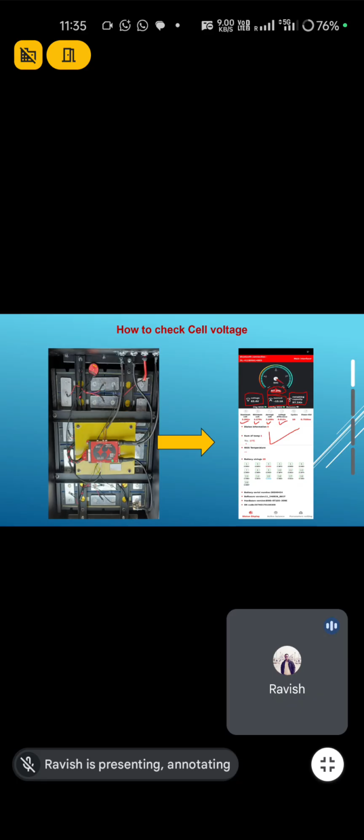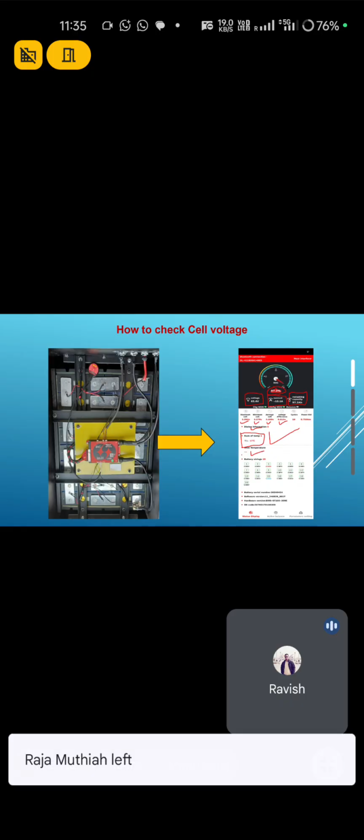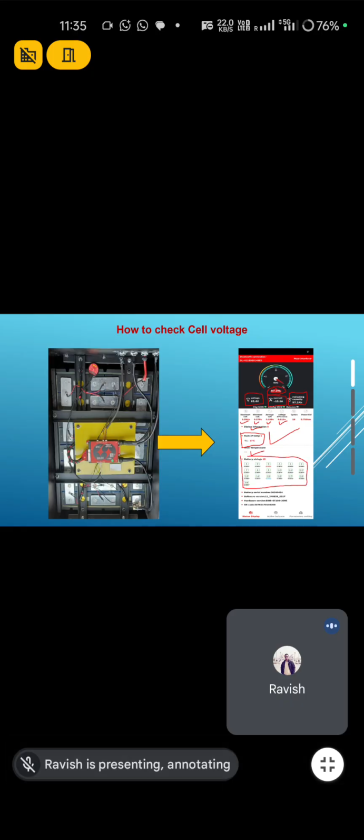And here you can see the NTC temperature. Here is the error code display, the MOSFET temperature, and the cell voltage of your battery pack. You can also look here at the cell voltage.